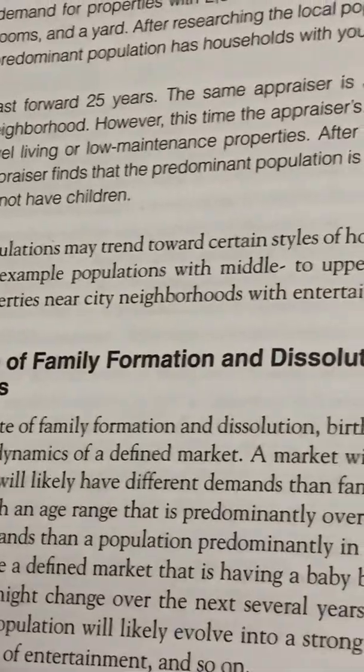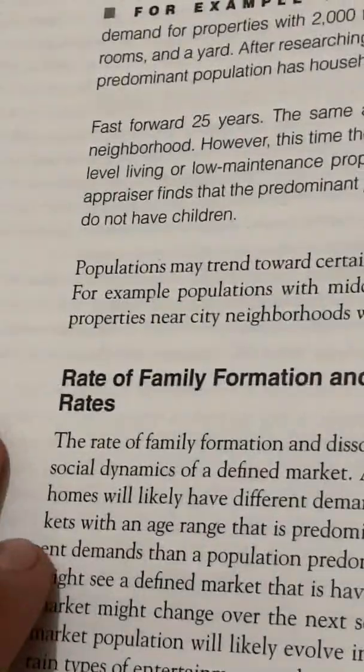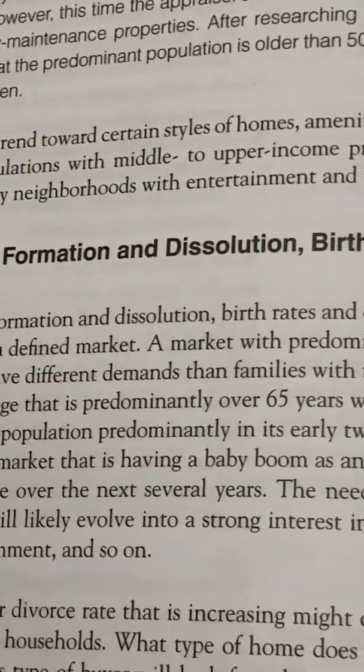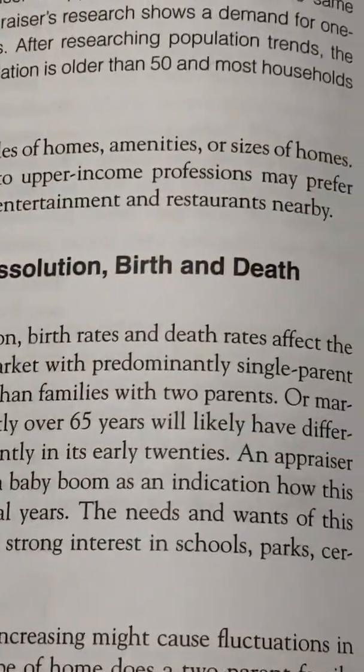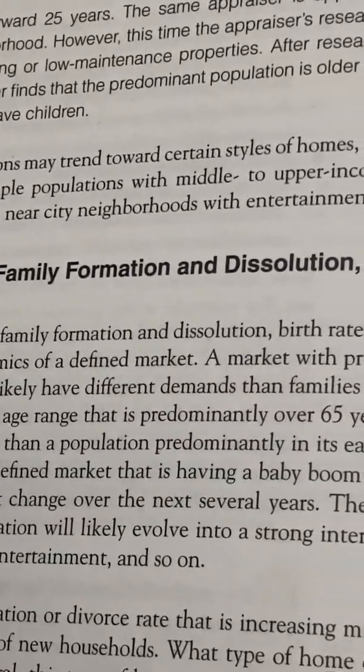Rate of family formation and dissolution, birth and death rates. The rate of family formation and dissolution, birth rates and death rates affect the social dynamics of a defined market.